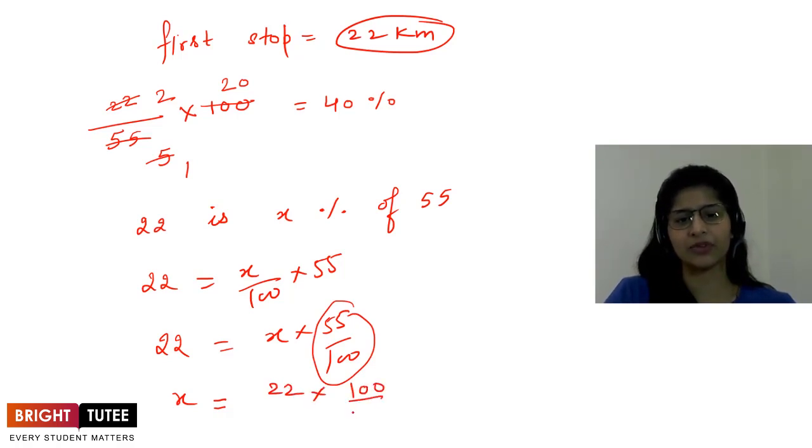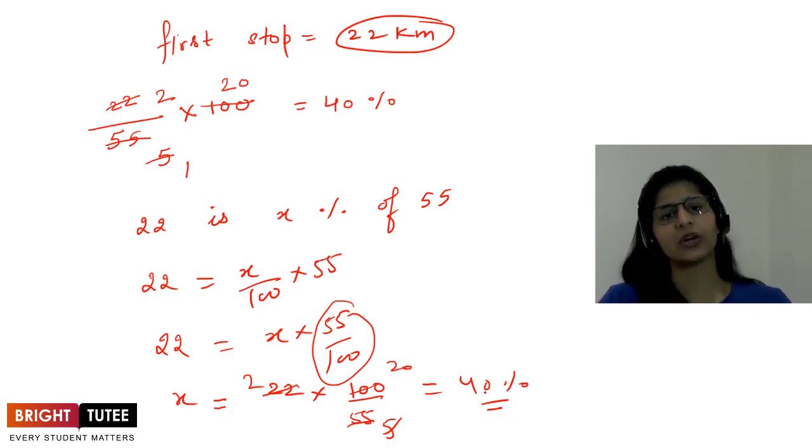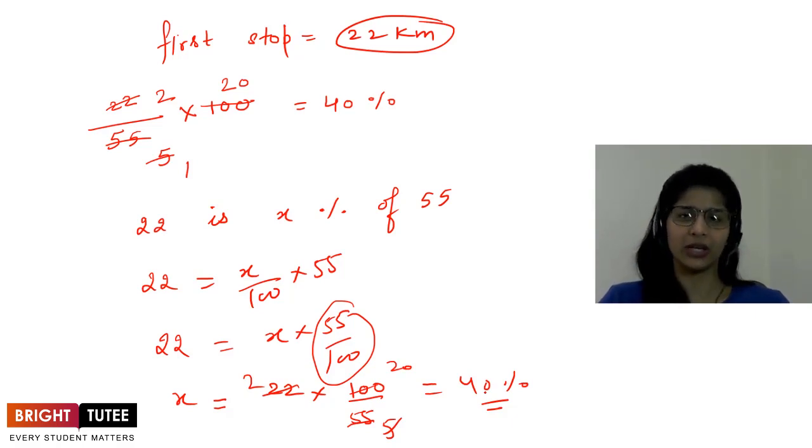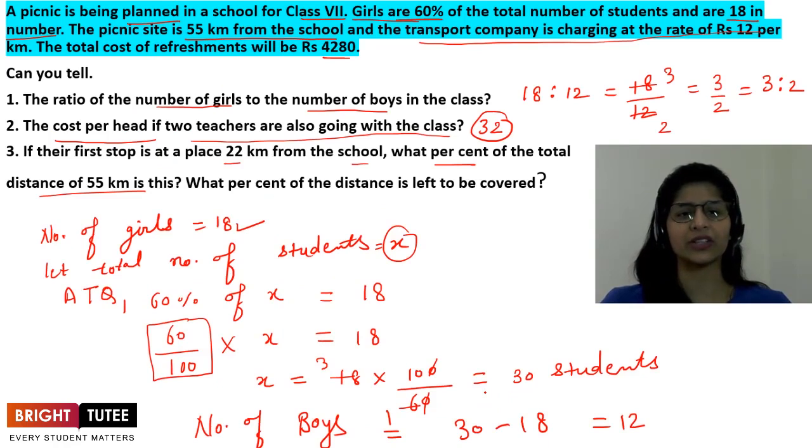So you will get 22 upon 55 into 100. You can cancel it and you'll again get 40%. Right? So 22 kilometer is 40% of 55 kilometer. Clear? So this is the answer to what percent of total distance 55 kilometer is this.